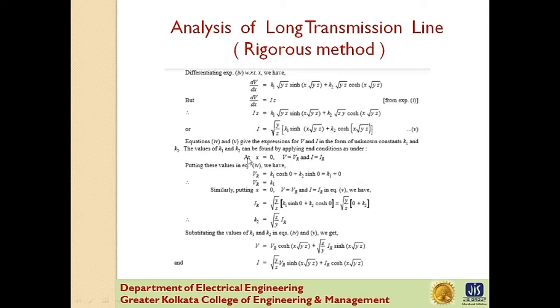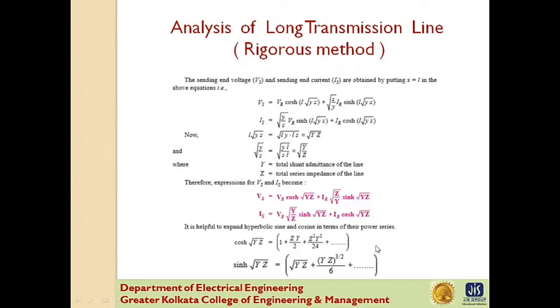Similarly, the value of I is equal to root over y by z VR sinh x root over yz plus k2, root over z by y IR, cosh x root over yz.